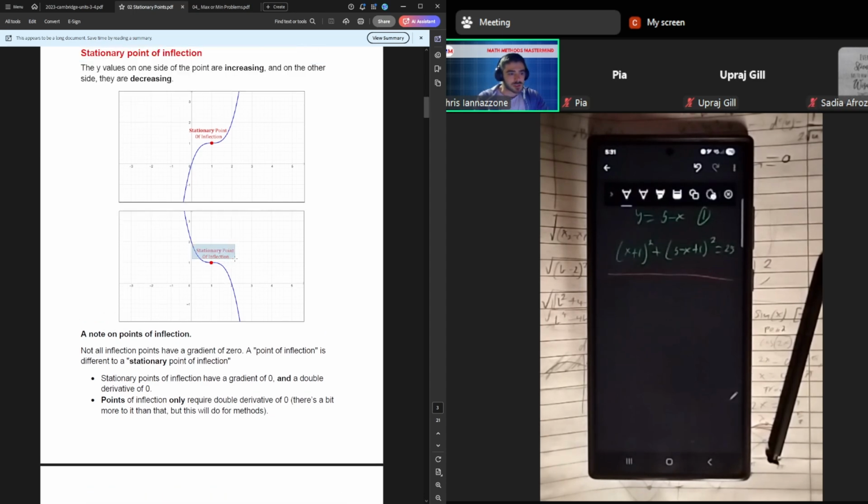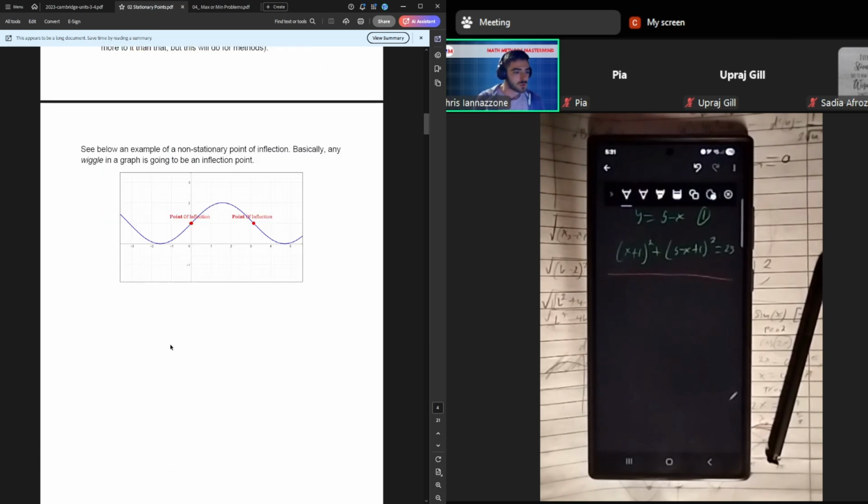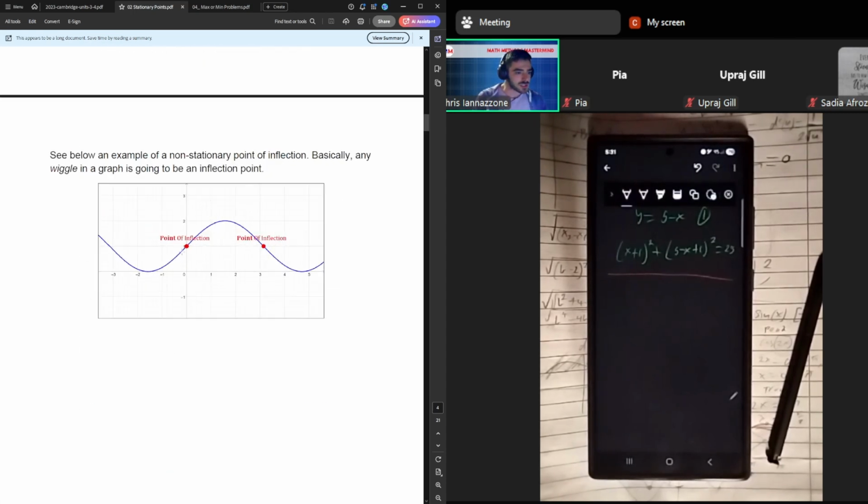I do really stress that this is a stationary point of inflection. There are other kinds of points of inflection that aren't necessarily stationary points of inflection. What characterizes a stationary point of inflection is that it has a gradient of 0 at that spot, whereas other points of inflection aren't necessarily going to have that.